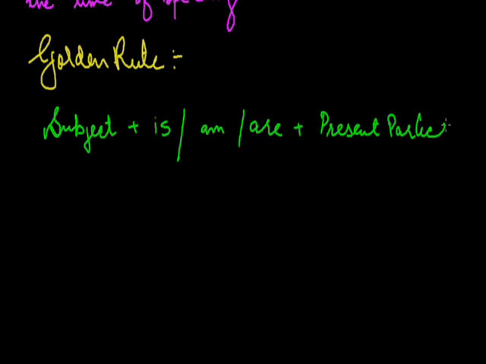What is present participle? Present participle is verb 1 plus ing. Okay? And then plus object.